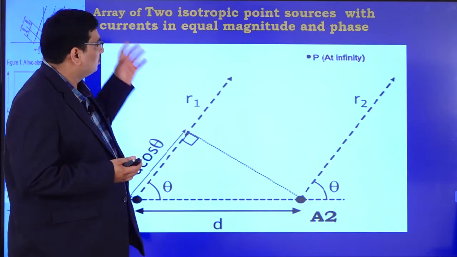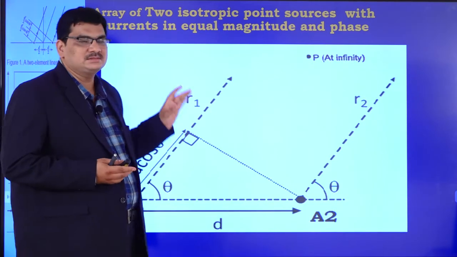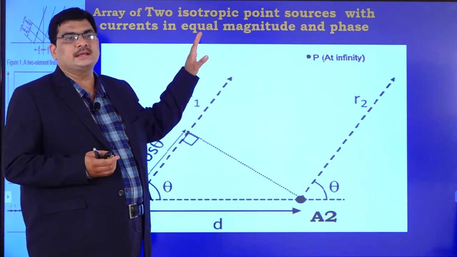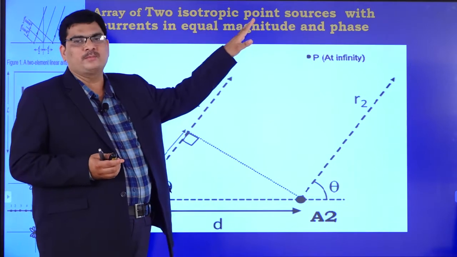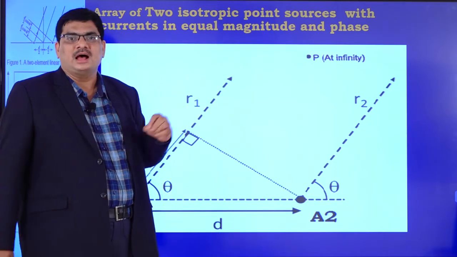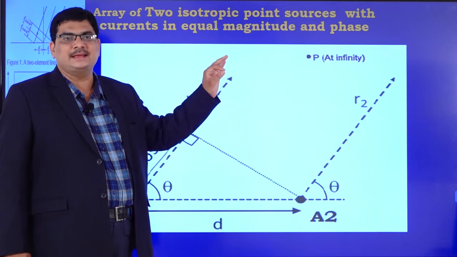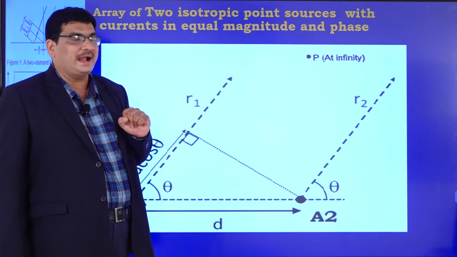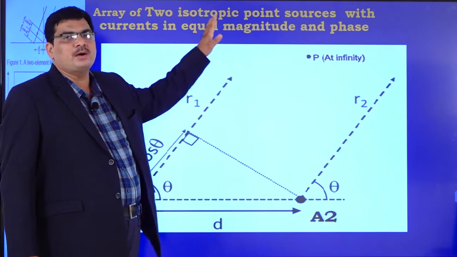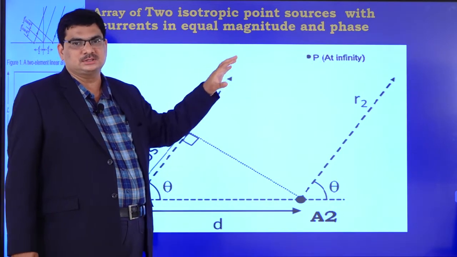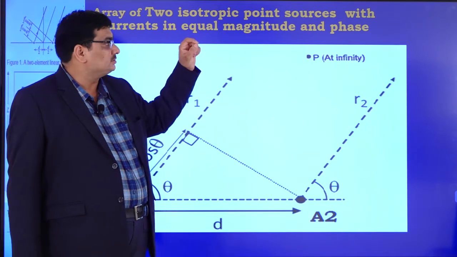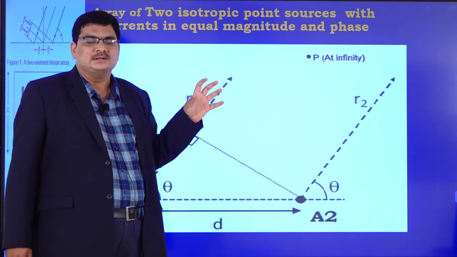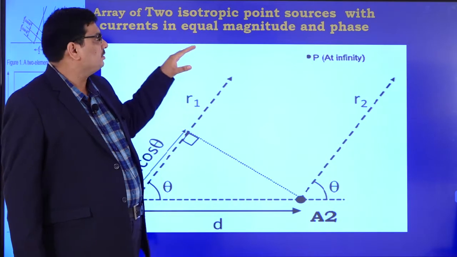Now going back to the first case, case 1, where we are taking two antenna elements which are isotropic point sources. We know that an isotropic point source is an ideal antenna and it radiates uniformly in all directions. That means at all 360 degrees the radiation is the same.